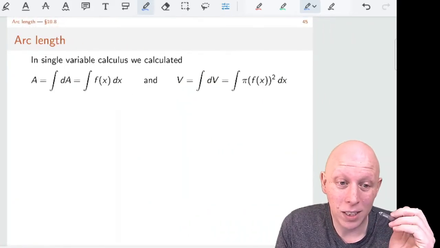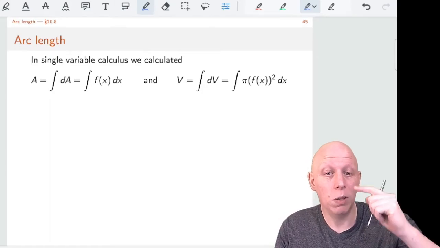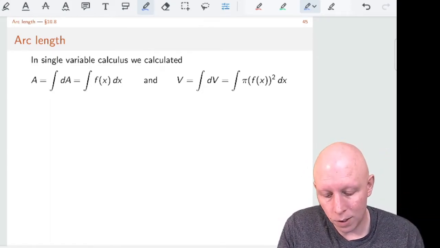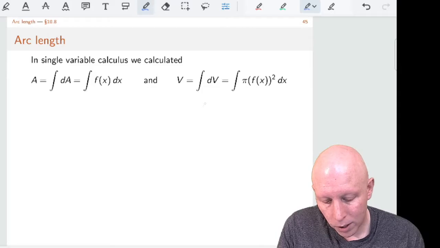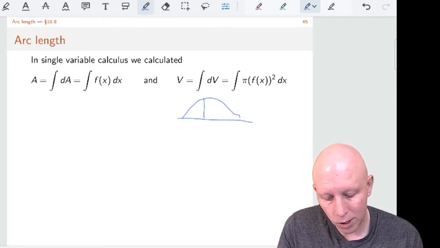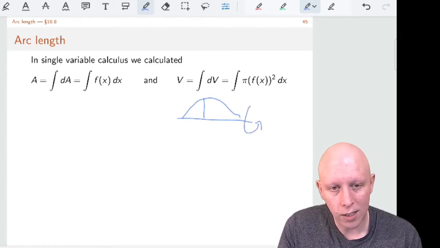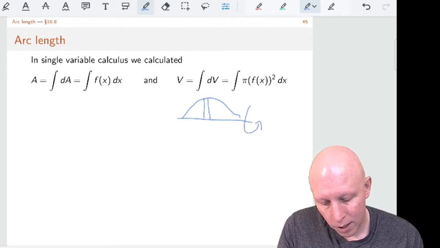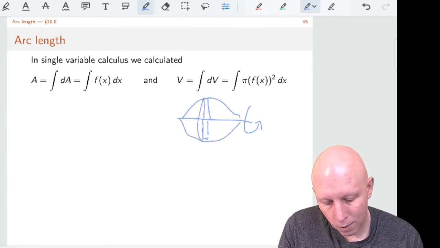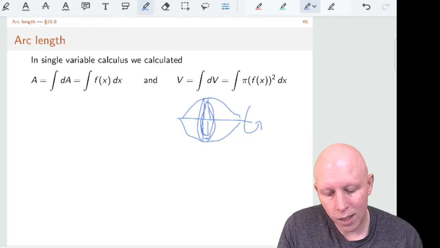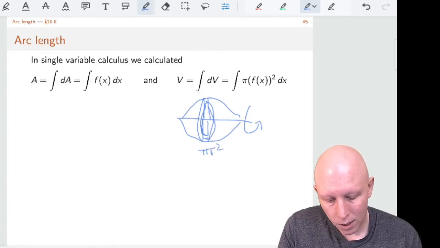Then we did the same thing to calculate the volume of a solid of revolution, where we said, if we're going to take a function and revolve it around the x-axis, then to figure out what the volume is, a volume looked like a very thin cylinder, and the volume of a cylinder is pi r squared times the height, dx.